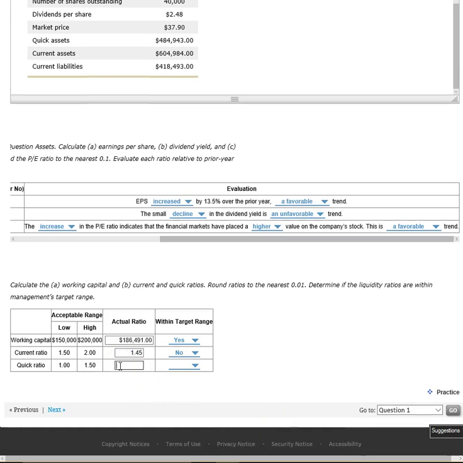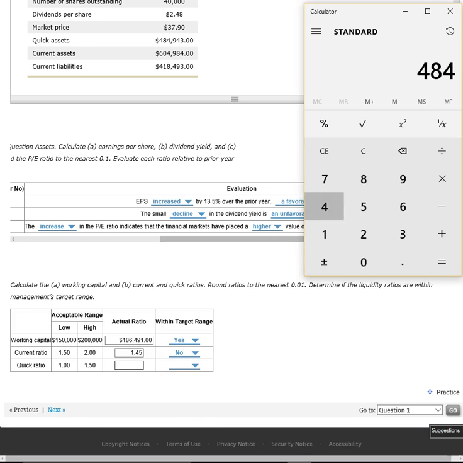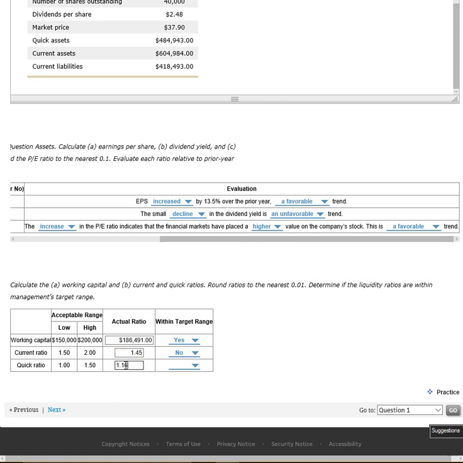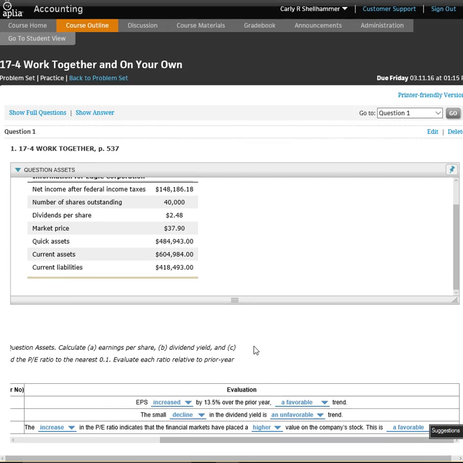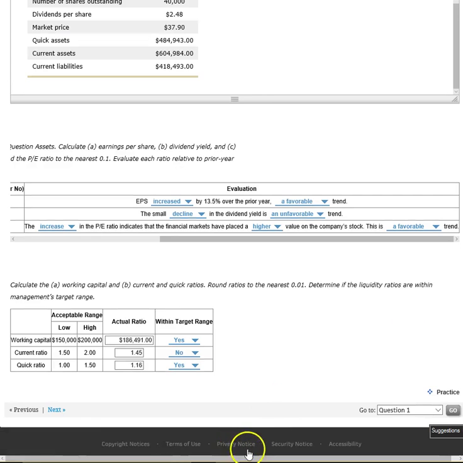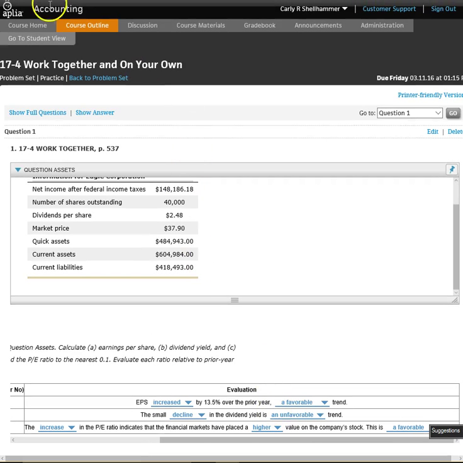So we do the quick assets, 484,943. Quick assets divided by current liabilities. And I get 1.16. Seems to be within target range. Awesome. And that looks like the entire, cool, all done.